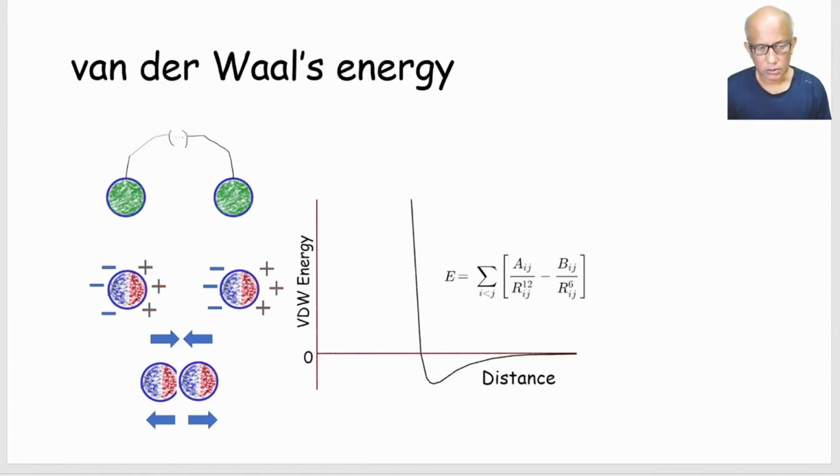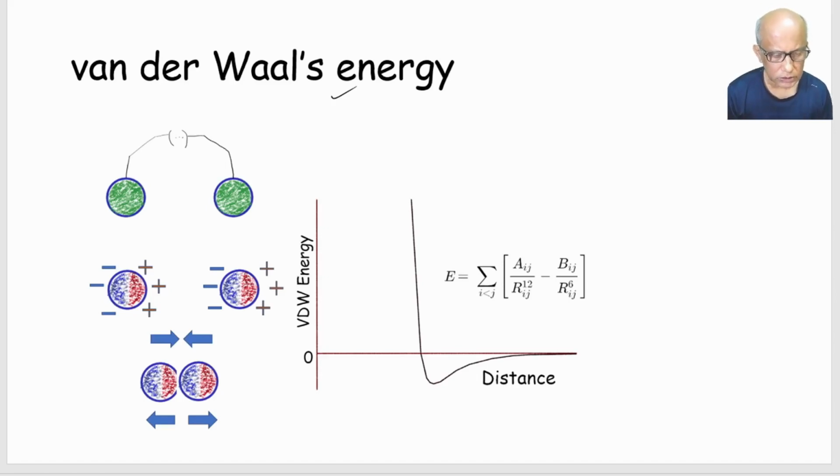Now the second concept that we are going to talk about is something that we already discussed when we were talking about physics-based scoring functions for molecular docking, and that is the concept of van der Waals energy. What is this? If we have two atoms which are not bonded, that is, they are part of different molecules, or even if they are part of the same molecule, they are connected to each other through at least 3 or more bonds, that is, they are not interacting with each other through bonds.